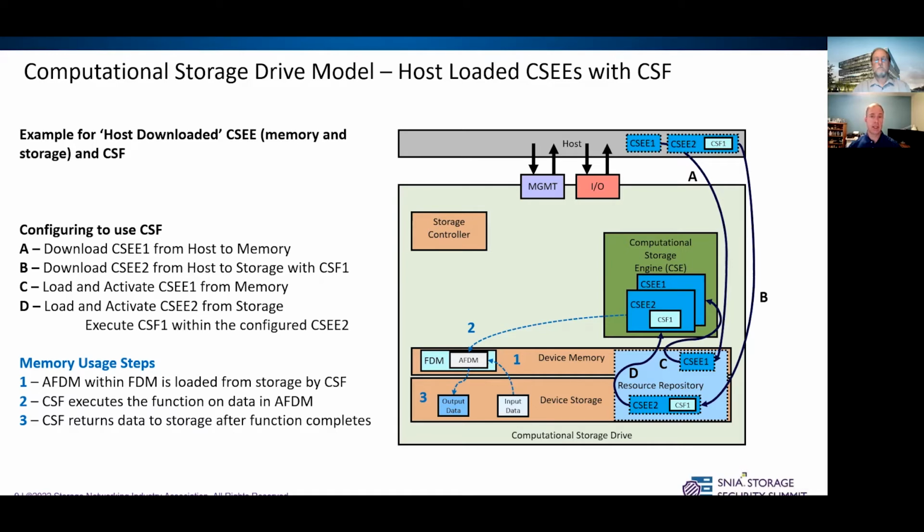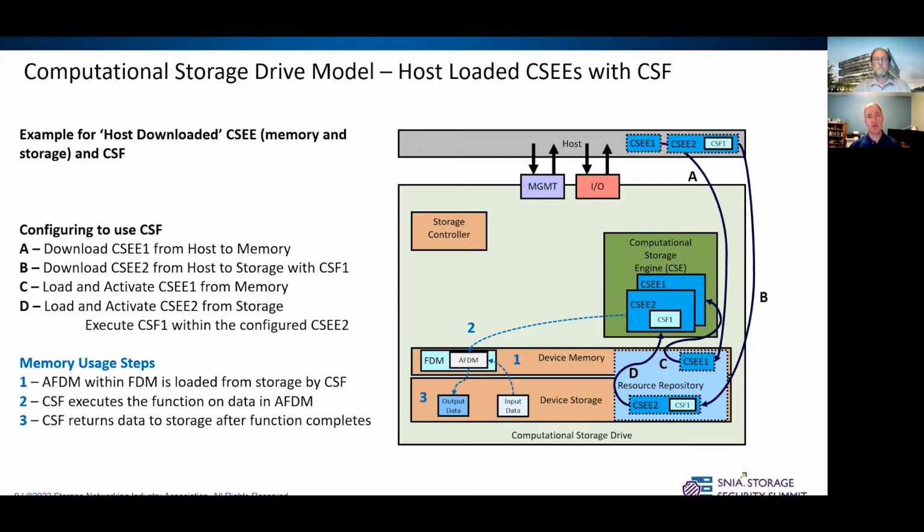Because CSEE2 has CSF1 built into it, CSF1 begins executing. And it needs some memory, some function data memory. So it's allocated some function data memory as shown over on the left side of this diagram. There's a blue dashed arrow that points over to that.